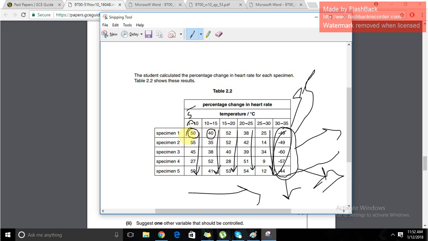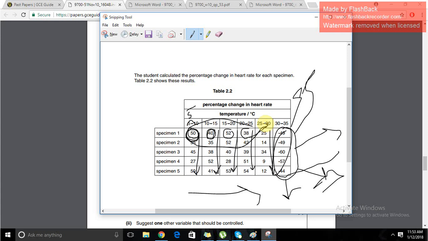There was a 50% increase and a 40% increase, so almost double. Then 52% and 38%, again almost double. So to an extent it is right.